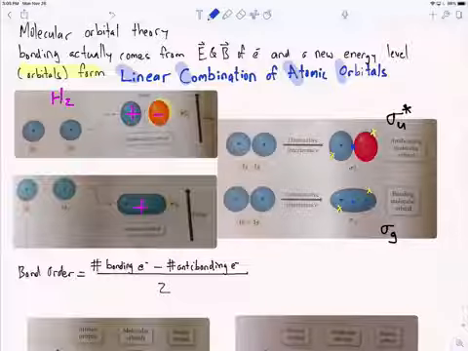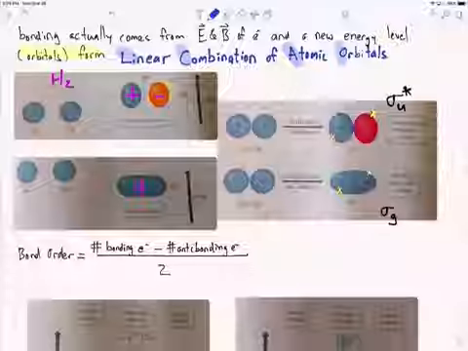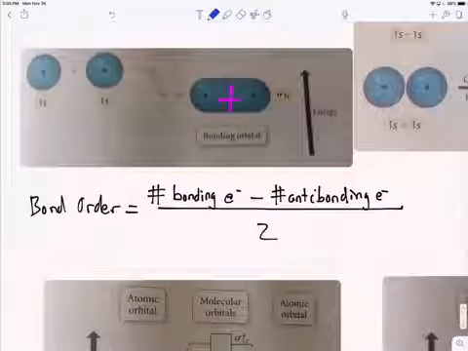So, alright, we left off at molecular orbital theory, and I'll give you this equation. All you have to know is how to use it for one homonuclear diatomic that only has sigma and sigma star.